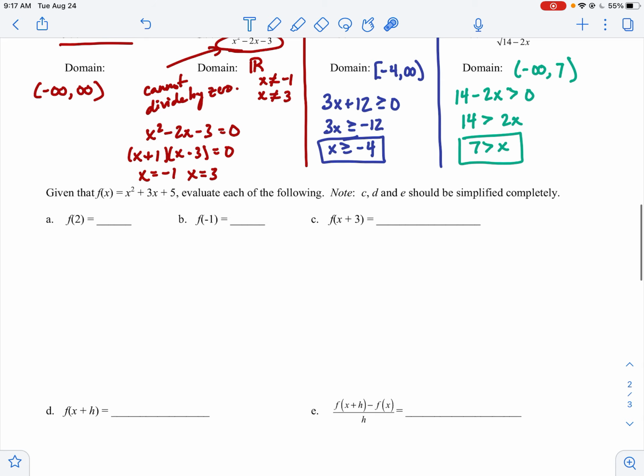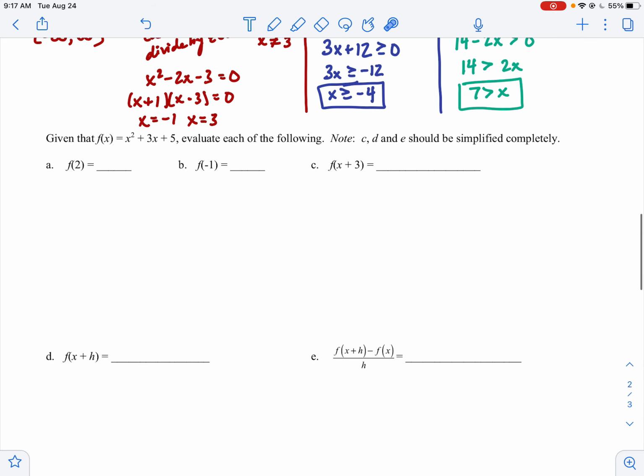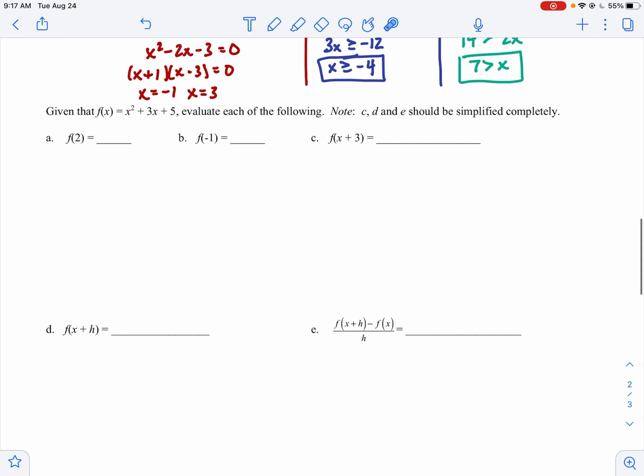And then finally, just a little bit more with function notation. Okay, so this says, given this lovely function, what's f of 2? So remember the way that we read this is we say f of 2. And all that means is that the input is 2. This is just telling the reader that the input is 2.